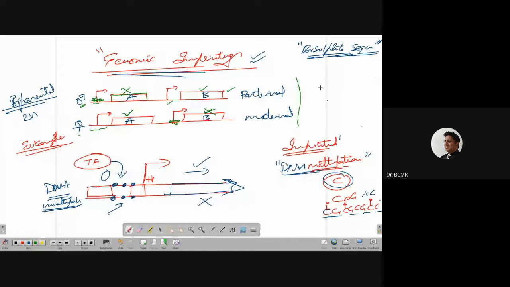Which allele is expressing gene A? Gene A is expressed from the maternal allele. That's right. It is imprinted on the paternal allele. Gene B, on the other hand, is expressed from the paternal allele. Right? I hope that is clear.